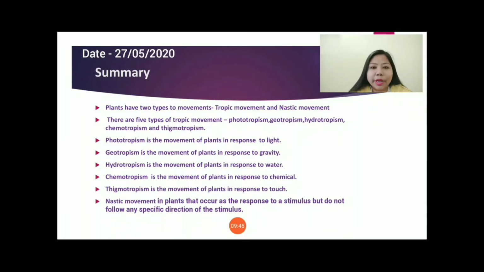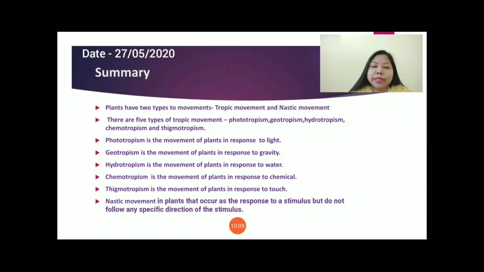Now let us summarize what we have done in today's class. We have studied plants and the two types of movement, that is the tropic movement and the nastic movement. There are 5 types of tropic movement: phototropism, geotropism, hydrotropism, chemotropism and thigmotropism.